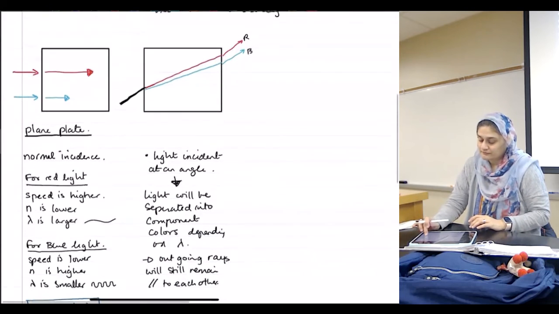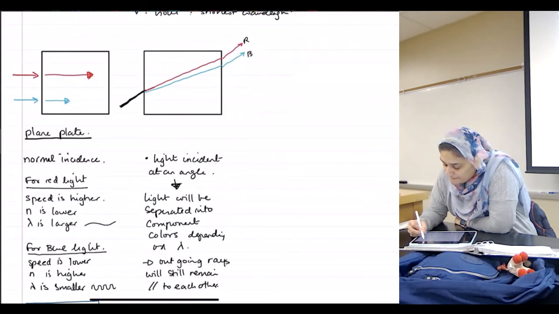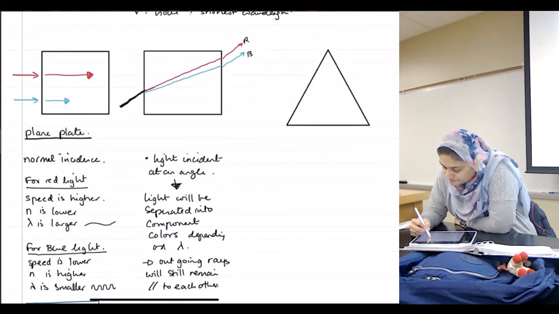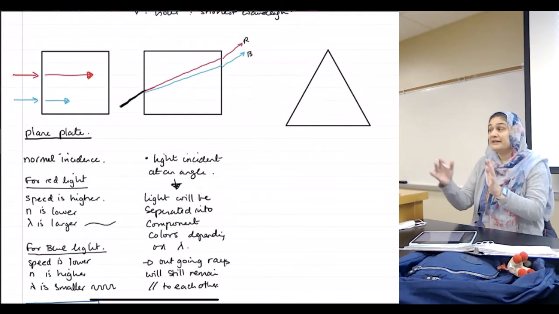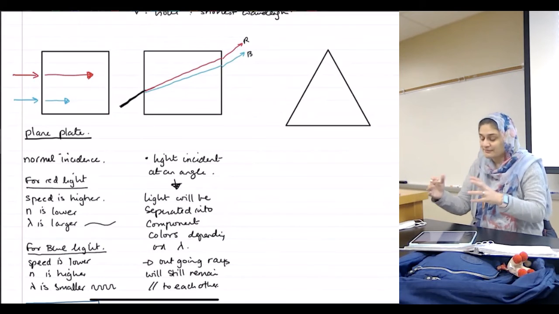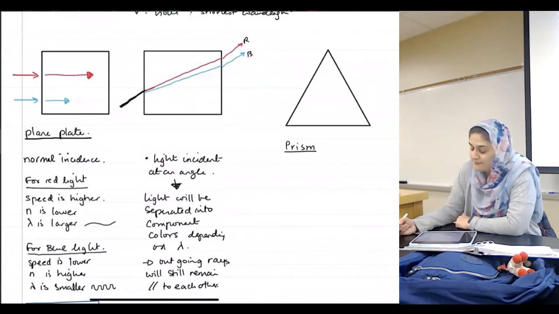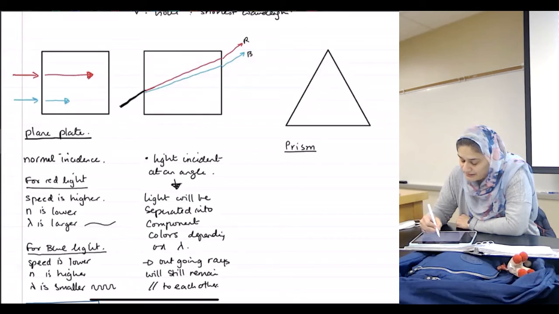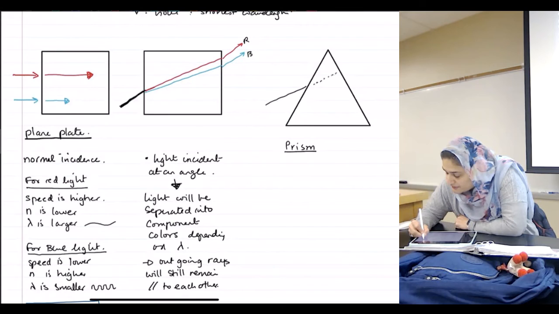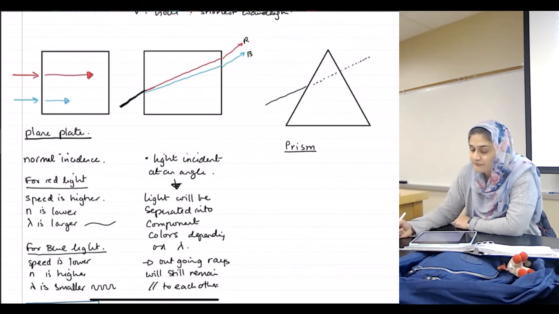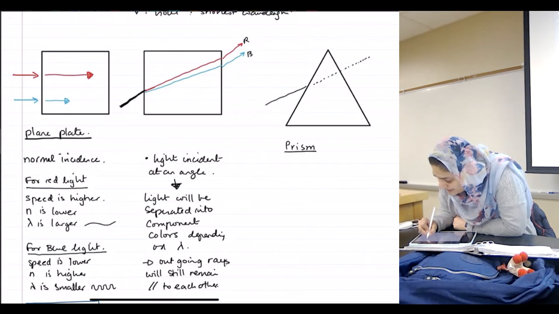Okay, now, if on the other hand, I have a shape like this, what happens in this case? This is not a plane plate, but in fact, this is now a prism. So a light coming in, originally, if it was going to go this way, this is now going to be split into component colors.